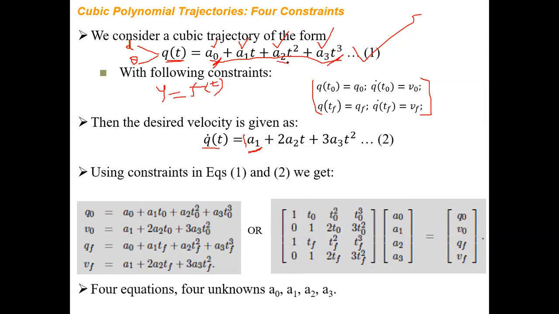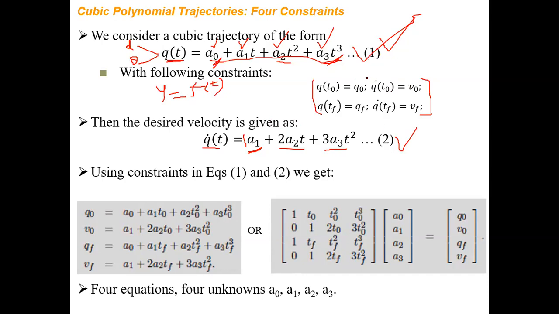Then the derivative of the next term is 2a2t. Similarly, the derivative of the last term is 3a3t squared. That's how you get the derivative. So we have equation 2, which is the derivative of equation 1. Now we have 2 equations. Now let's use these 4 constraints in those 2 equations.